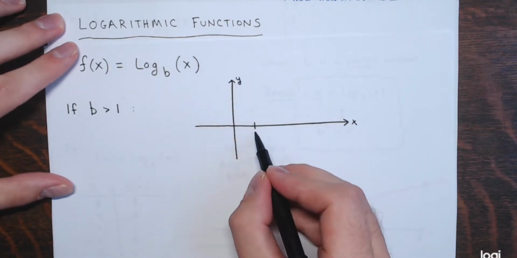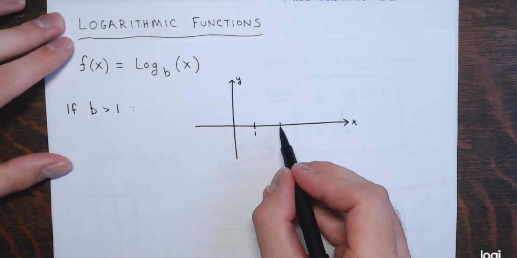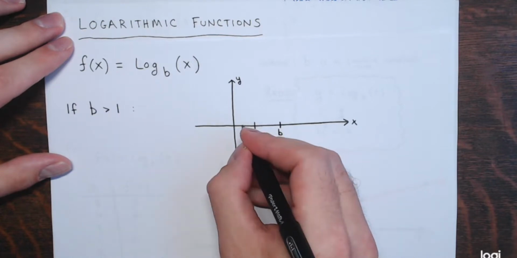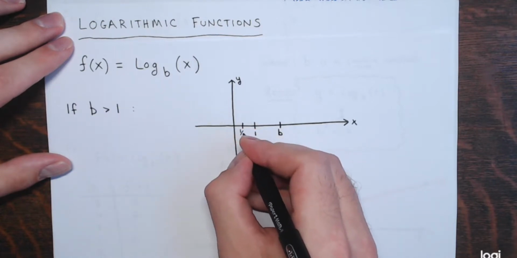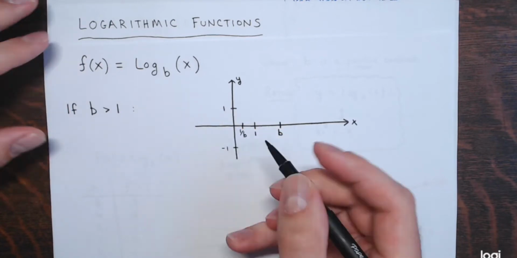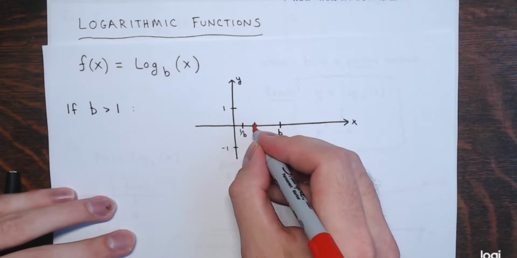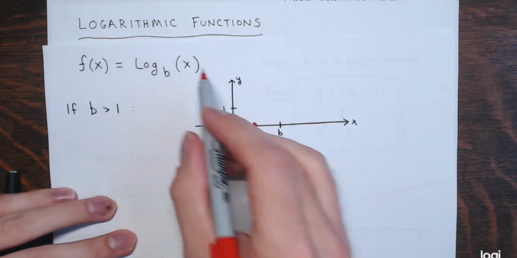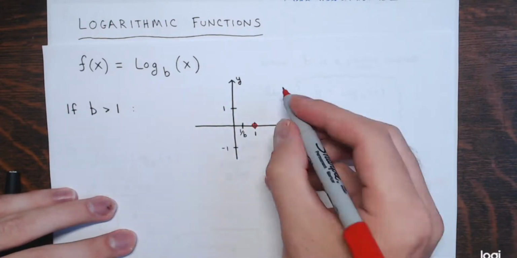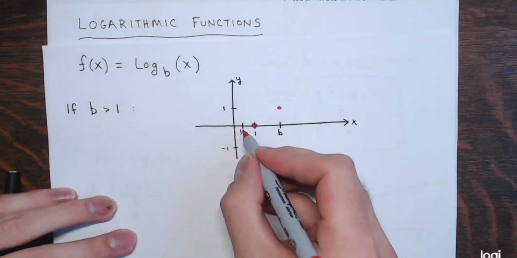So here's 1, and then b is greater than 1, so b would be over here on the x-axis. Then 1 over b would be less than 1. There's 1 over b, let's say, and then we got 1, negative 1. You always have the point 1, 0. The log base b of 1 will be 0, so the point 1, 0 will be on this, and the log base b of b will be 1. The log base b of 1 over b will be negative 1.